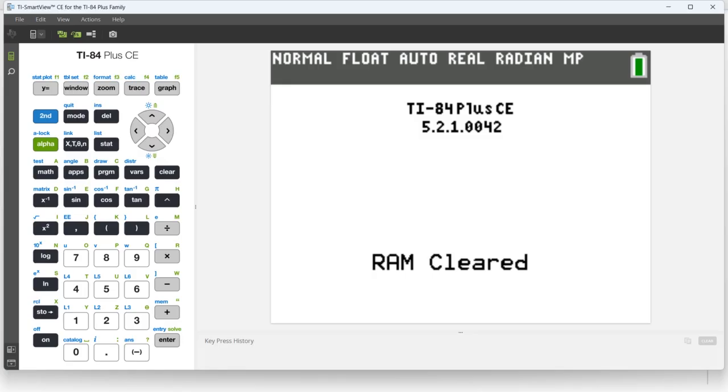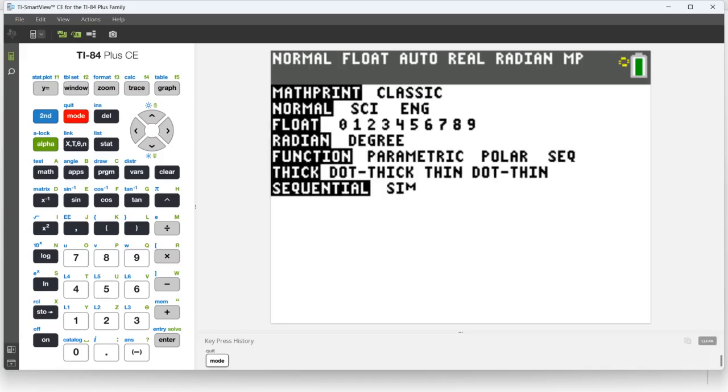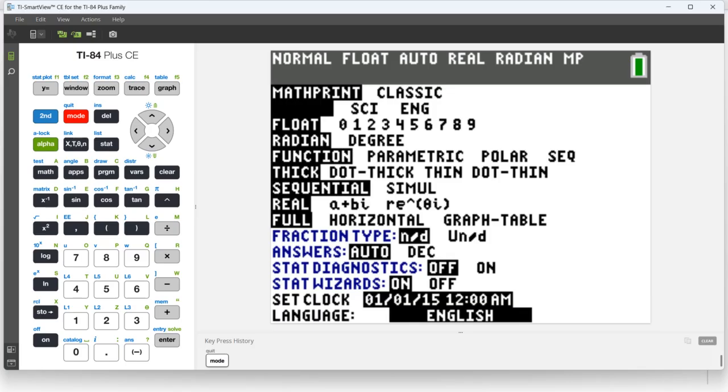I've deliberately reset my calculator, so you'll notice that up here at the top, mine says radian. If you have a calculator where it tells you the mode, just double check and make sure that it says degree. If you don't have a calculator that has this information at the top, you really should press mode and confirm that degree is highlighted, okay?